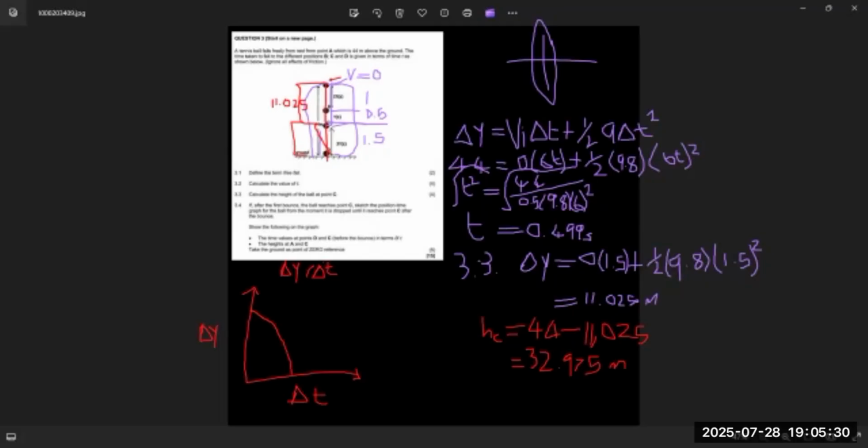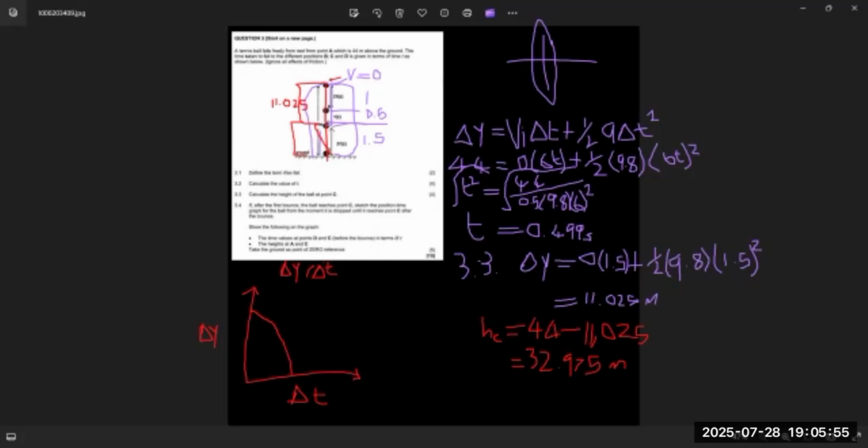Look at that. From point A to B, can you see that gap? The ball covered a long distance in 2t. Then from B to C, a short distance in 1t. Then from C to D, a long distance, 32.975 meters, was covered in only 3t.